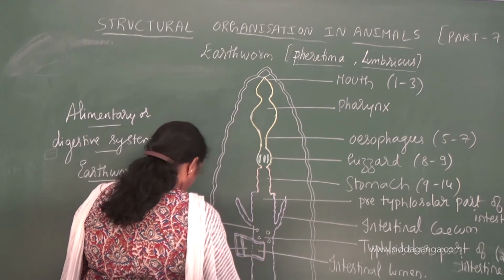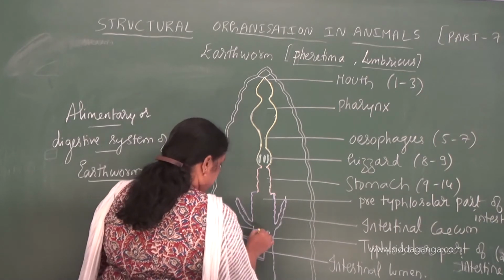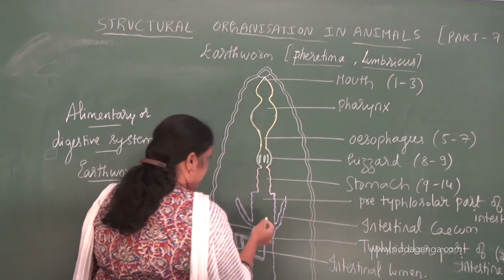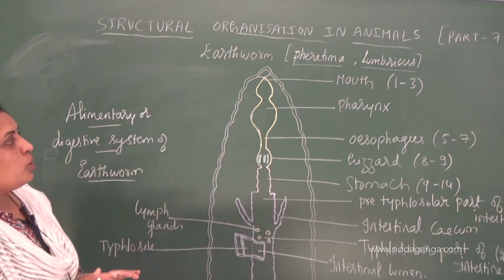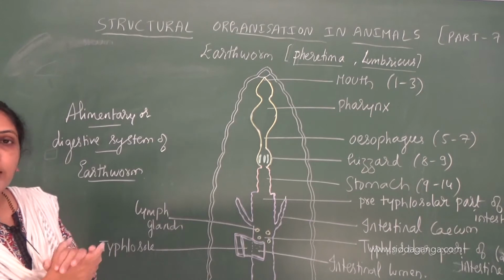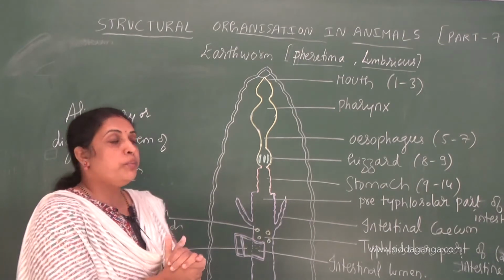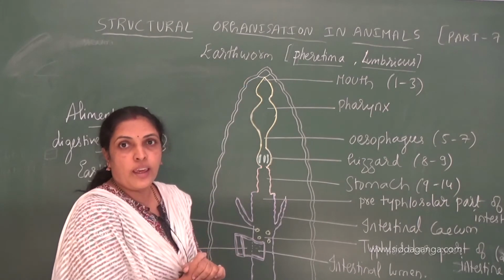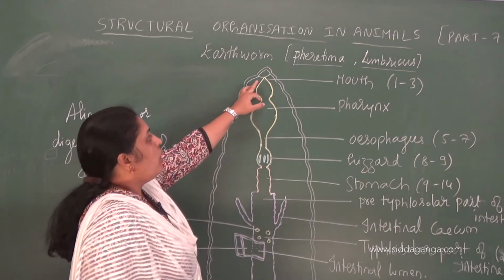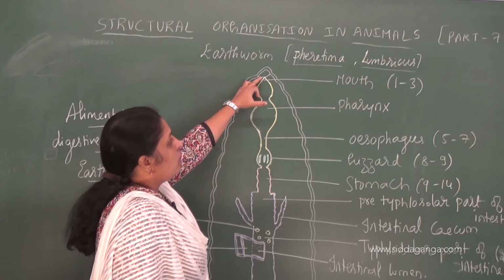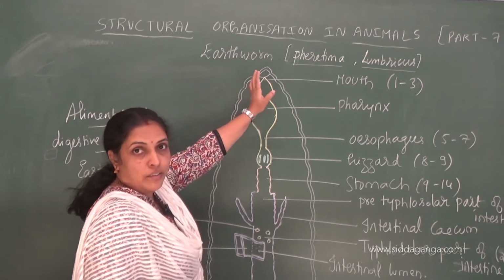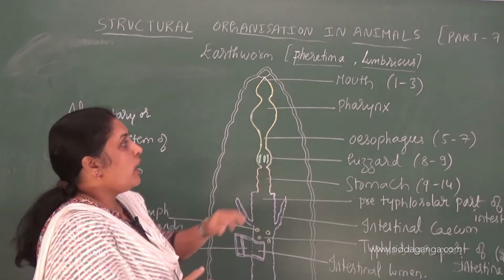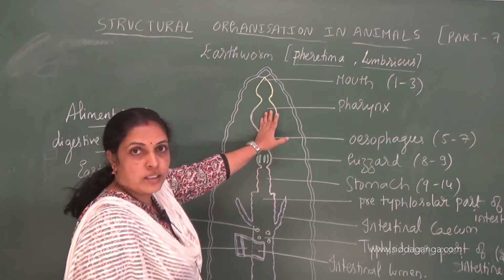So they may ask for a 5 marks diagram. The earthworm digestive system starts with the mouth and ends with the anus. The mouth represents the buccal cavity between the 1st to 3rd segment, and the next region is the pharynx.